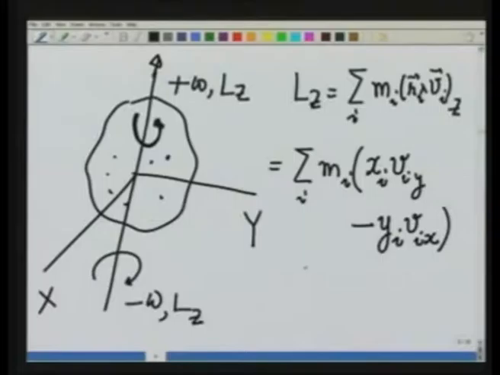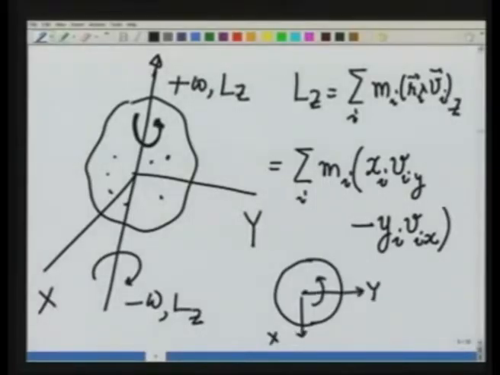Now, let us look at any point, the ith point moving. It is really moving in a circle about this axis. As I said earlier, let this be the x axis, let this be the y axis. So, velocity v at any given point is in the phi direction.